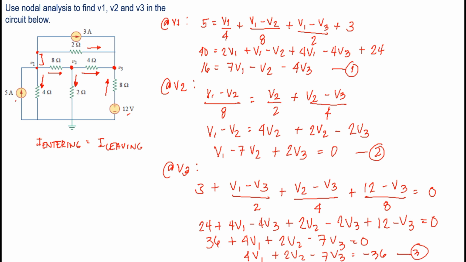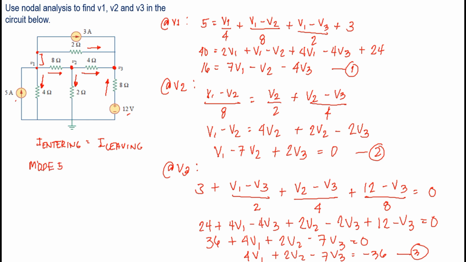Now, to find the values of V1, V2, and V3, we have here three equations, three unknowns. You can actually use matrix or Cramer's rule to solve this. But if you want to just use calculator techniques, just use mode 5-2.